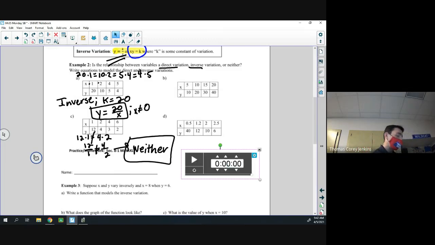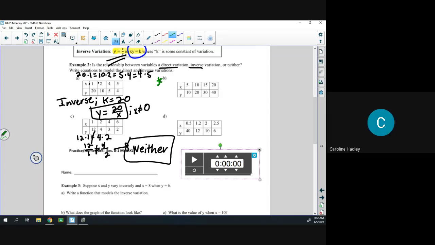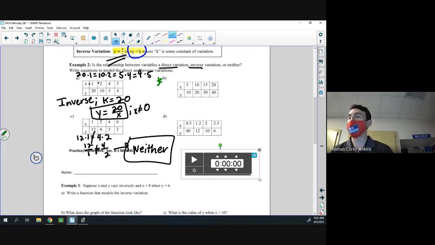All right, let's see. Ms. Rogers, were you able to get anywhere on B? Madeline Rogers? I guess that's a no. What about Patrick? You get anywhere on example B here? Calling on all my virtual people here. Caroline Hadley, did you get anywhere on B? I said it was direct variation. Direct variation.